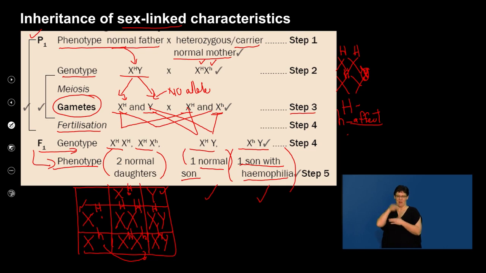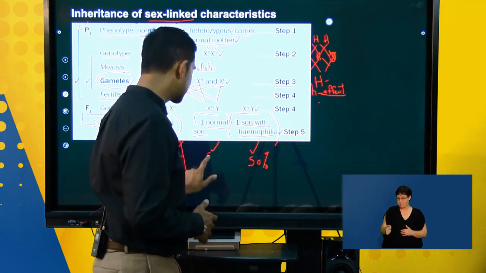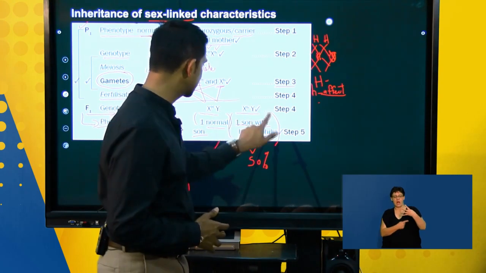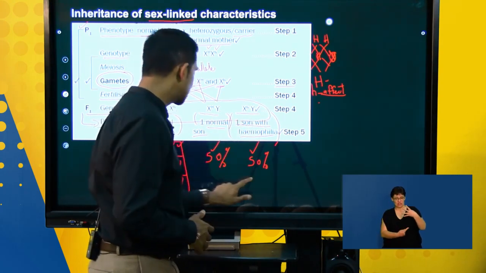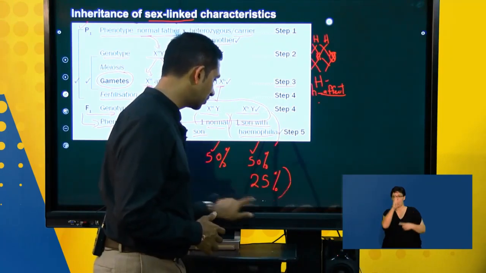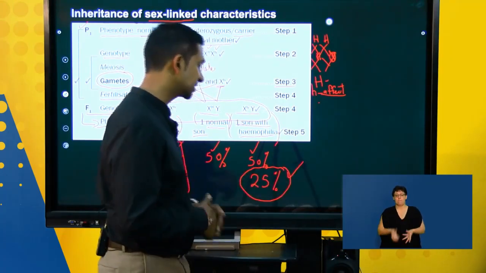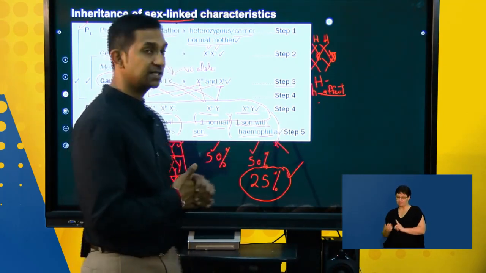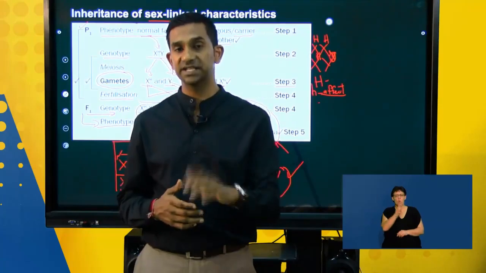So there is a 50% chance if they have a son. But if we were to look at all the offspring, and we're looking at all four of the offspring, we have a 25% chance, which is a 1 in 4 of all the offspring having the condition, which in this case is this son that might have that opportunity. So guys, we've looked at the inheritance of sex-linked characteristics.